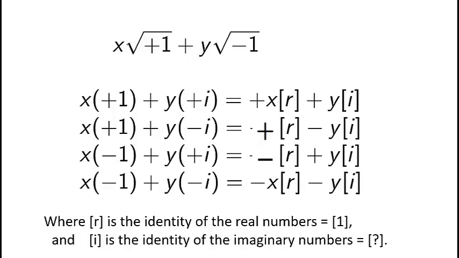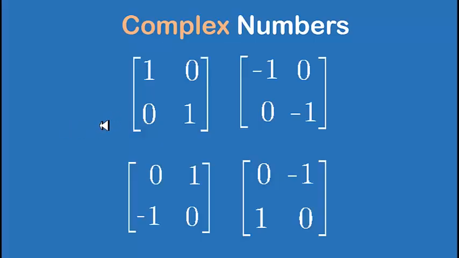If you've been watching my videos, you know what it is, because these are actually complex numbers, and complex numbers are two-dimensional numbers, and the best representation for complex numbers is two-dimensional matrices. So this is the identity matrix. This would be equal to 1. This is the identity of the 2 by 2 matrix.